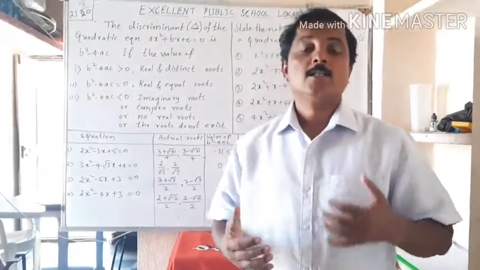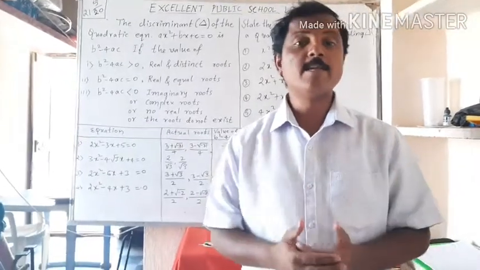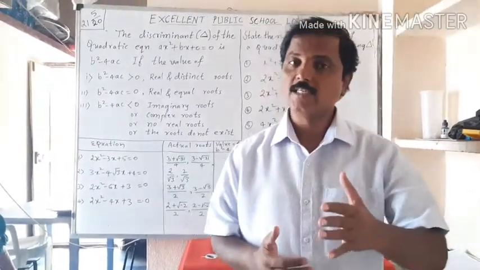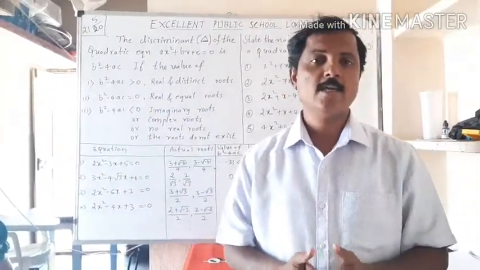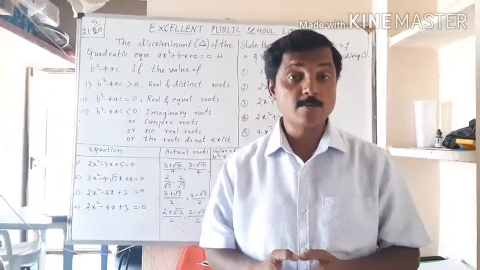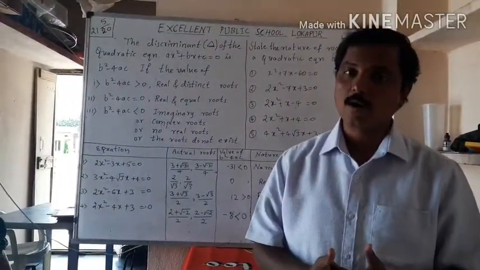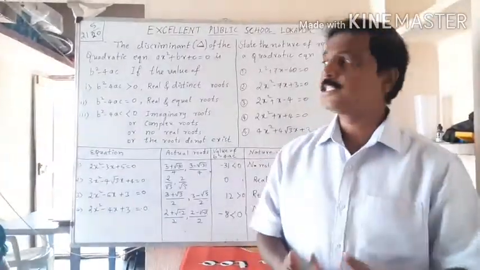Okay. So children, in this session, I hope you have learned the meaning of discriminant of a quadratic equation and its uses. You know that the discriminant helps us to find the nature of the roots without calculating the actual roots of the quadratic equation. Okay. Let me summarize.